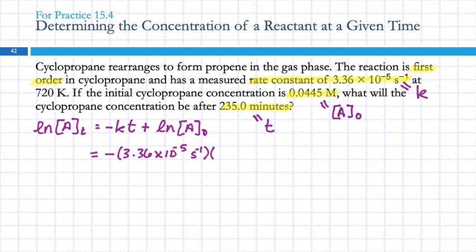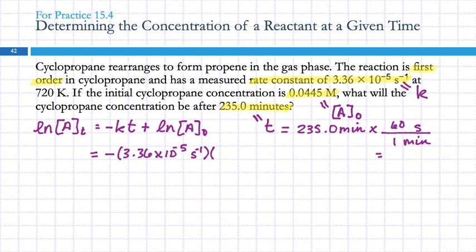Can we use minutes? No, it has to be seconds. And this unit here will help us remember that. So t is equal to 235.0 minutes. We need to convert that to seconds. 60 seconds in 1 minute.